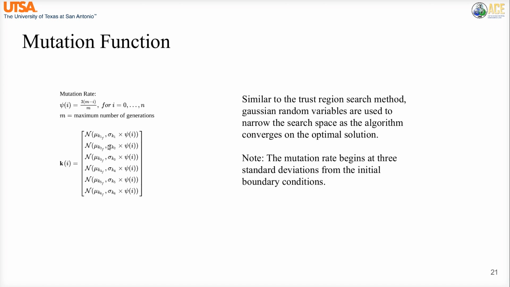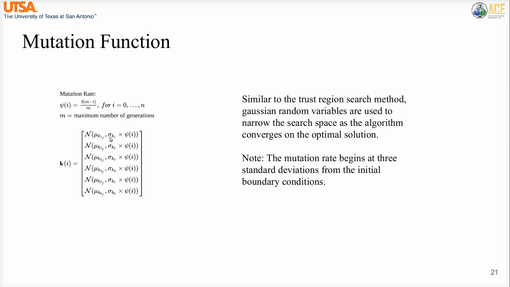And like I said, each one of these is subject to this mutation rate. So the idea is that not an entire individual will be mutated, but possibly just individual genes of the solution. The way that I actually manipulate the search space is by applying each of these genes to a Gaussian distribution. This Gaussian distribution's mean is centered around the current best solution, and its variance is also according to this mutation rate.